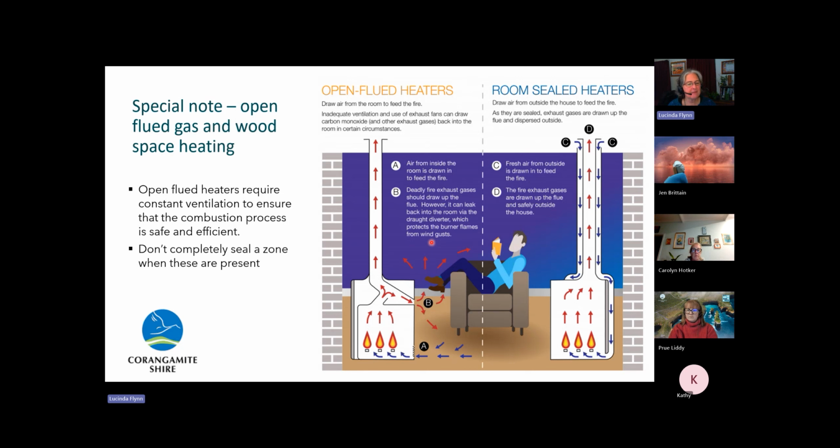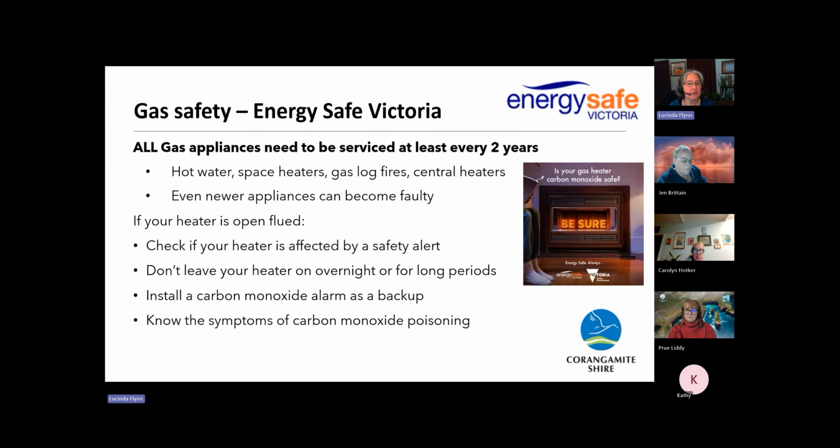Or say you install a really high powered range hood and exhaust fan and you have them on, they can cause a situation where there's more pressure pulling out than there is going up there. So that's why we don't seal those places. And if you do have them, I've got some information from Energy Safe Victoria.